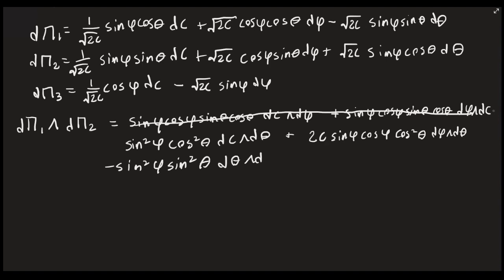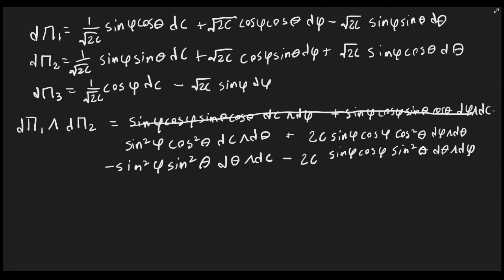And there's a minus sign. And there's minus 2c phi cos phi sine squared theta d phi wedge d theta wedge d phi. Okay.